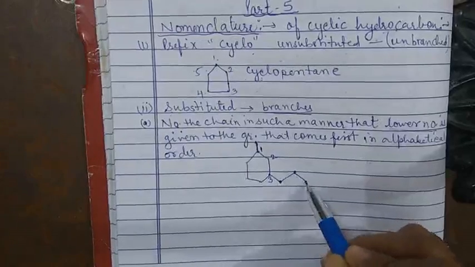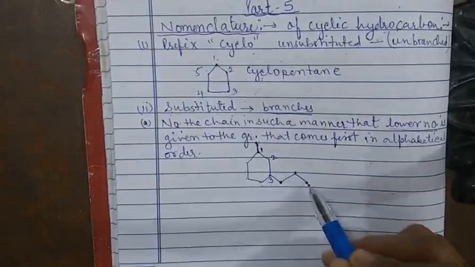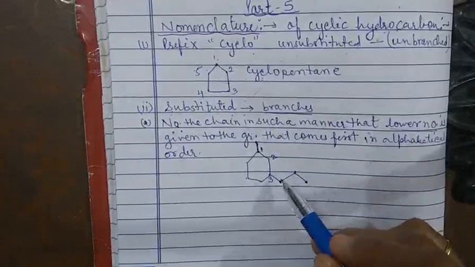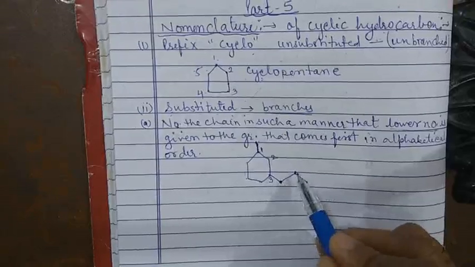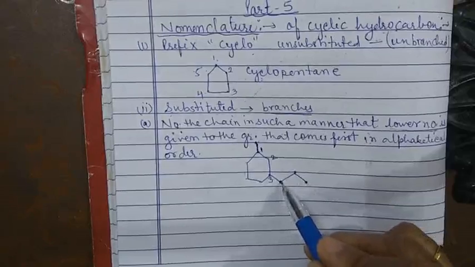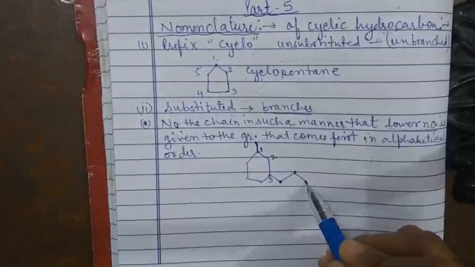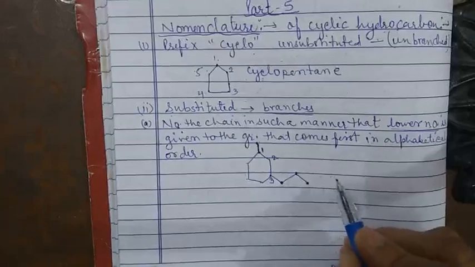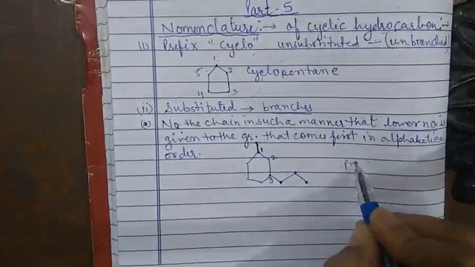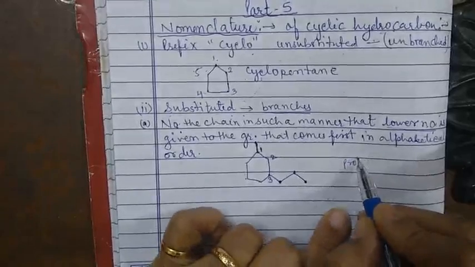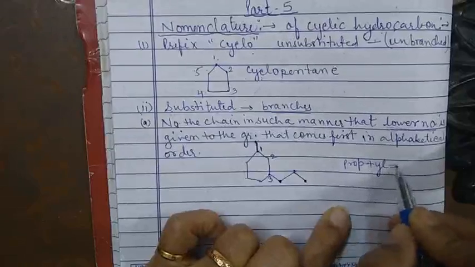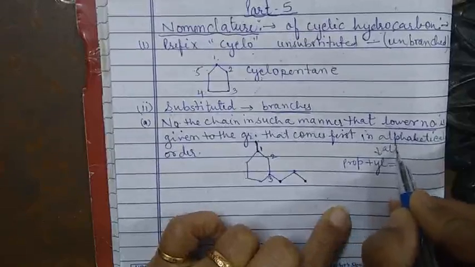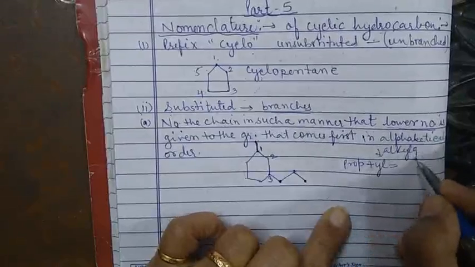1, 2, 3. And this is also a side chain. It is of alkyl group. A side chain always belongs to the alkyl group family. Here 3 carbon atoms are present, so for 3 it is prop, and the name is prop plus yl. The yl comes from alkyl group.